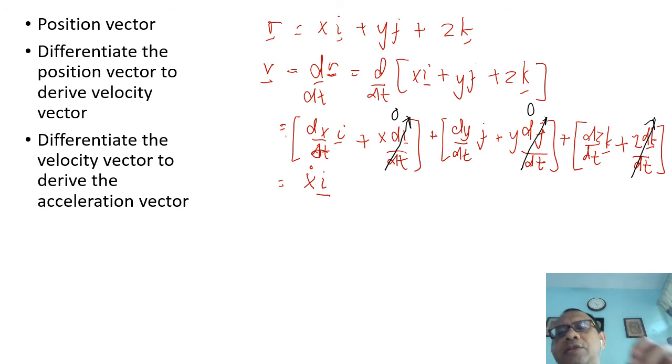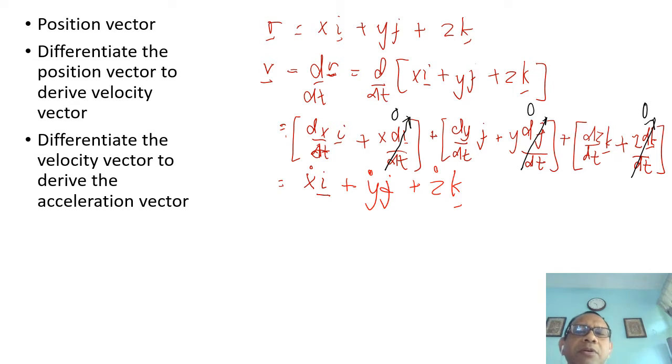The unit vector does not change with time, neither in direction nor in magnitude. So dk over dt is also 0. So we can simplify all our terms here as x dot i plus y dot j plus z dot k.